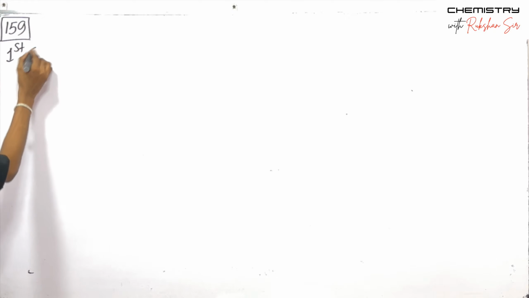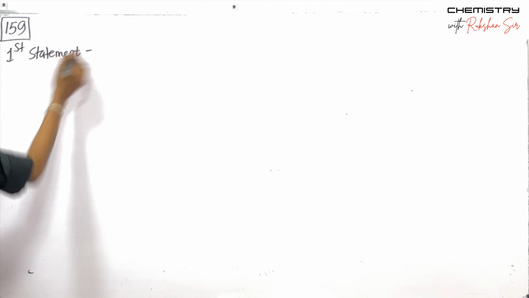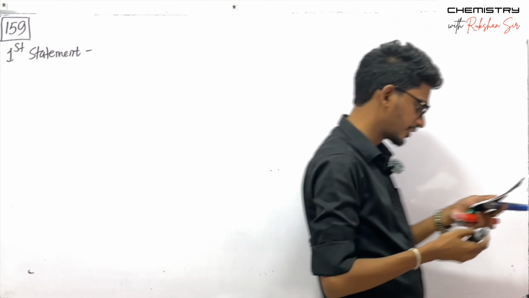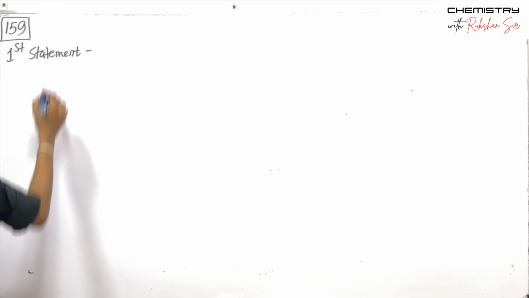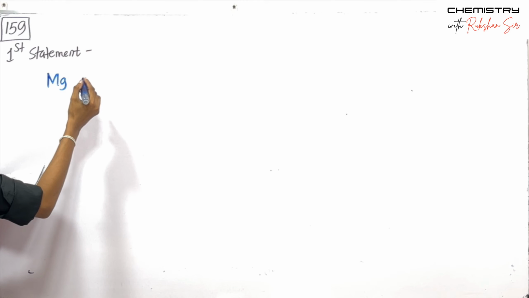First, the first statement. See what it says. Mg reacts with an aqueous solution of ammonium chloride to form H2 gas. See what will happen there. So magnesium reacts with an aqueous solution of NH4Cl.